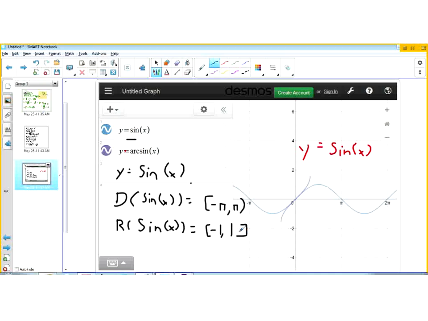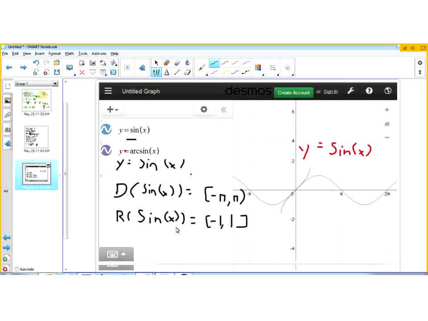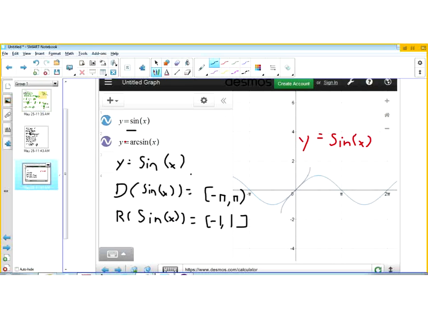Now, when you take the inverse of the principal sine function, the domain and the range flip. So the domain of arcsine, which we'll call the inverse of the principal sine, is equal to the range of the principal sine.